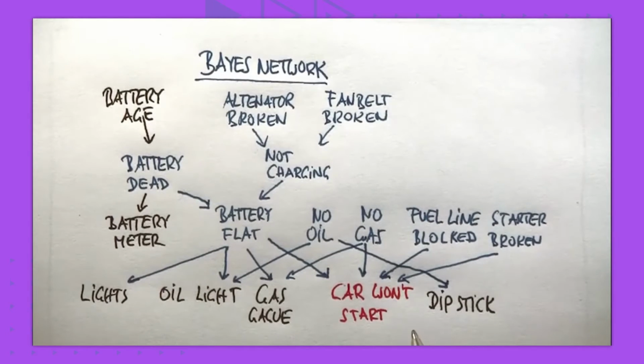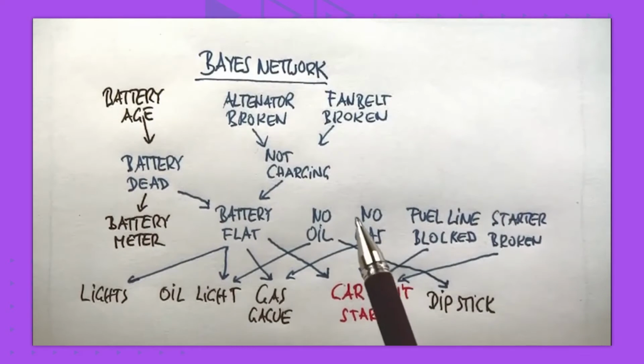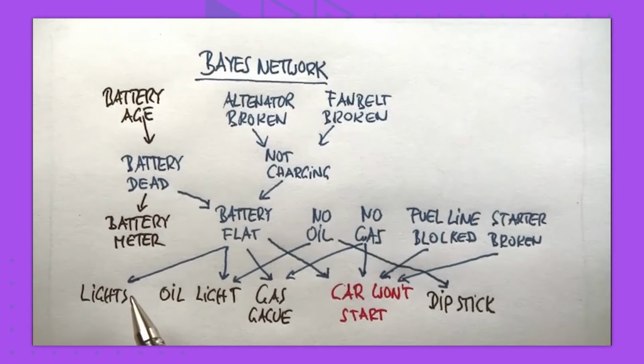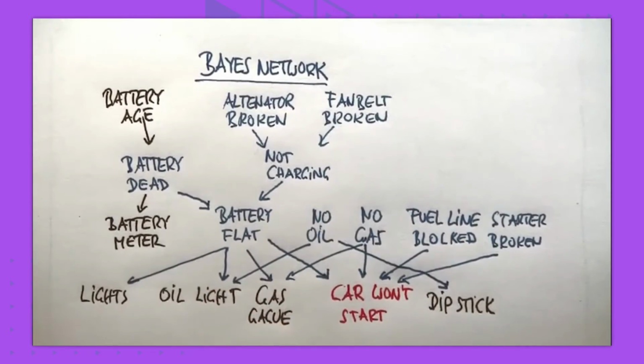A car is a complex system. There's lots of variables you can't really measure immediately. And it has sensors which allow you to understand a little bit about the state of the car. What the Bayes network does, it really assists you in reasoning from observable variables like the car won't start and the value of the dipstick to hidden causes like is the fan belt broken or is the battery dead.